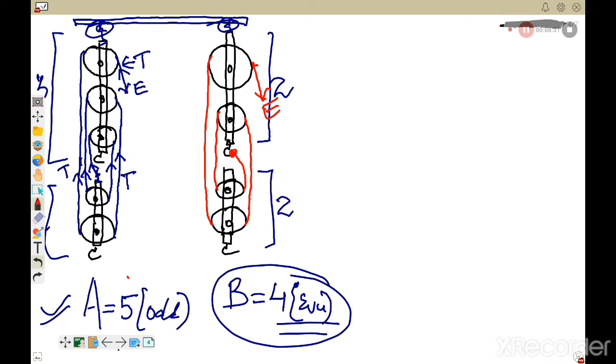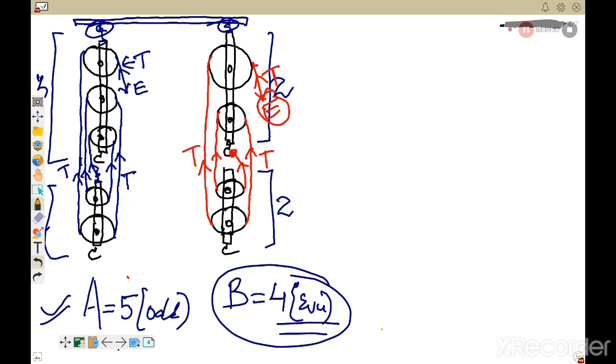That is the point where you apply the effort, isn't it? Tensional forces here will also be in the upward direction. Each and every segment of the string is of the same string, so the tensional force will be T for each segment, and this effort will also be balanced by the tensional force acting in the upward direction, and that is T.